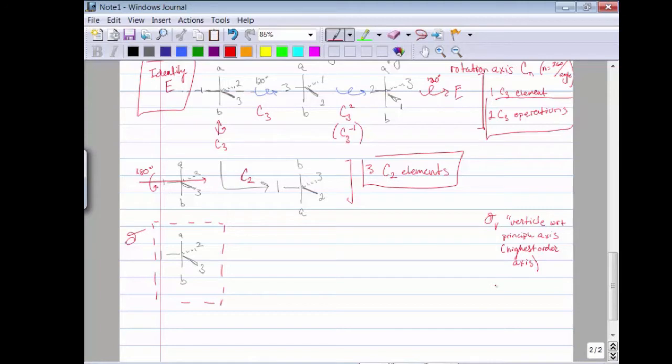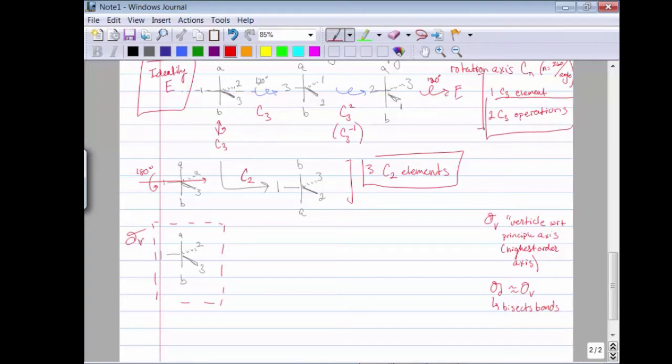There's another one that's called a sigma D, which is very similar to sigma V, except this bisects bonds and doesn't go through any bonds. So you can see here, this mirror plane actually goes through bond number 1. It also bisects 2 and 3, but they choose to call it a sigma V in this case.